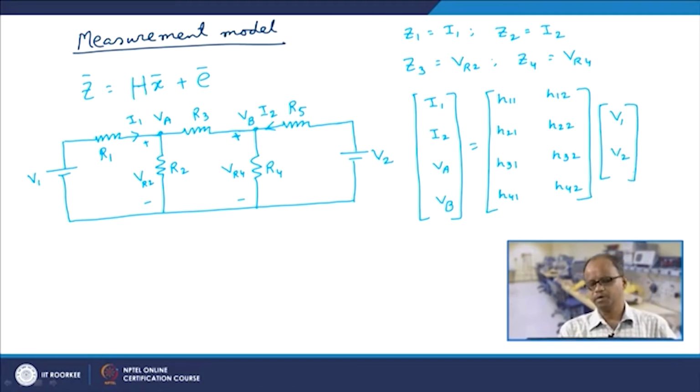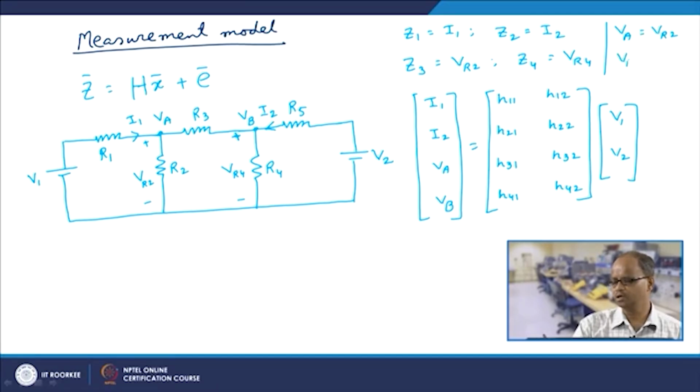So, we have to now express I1 in terms of V1 and V2. We have to find these 8 coefficients H11, H22 and all of them from the circuit analysis. And here of course, we note that VA is equal to VR2 and VB is equal to VR4.